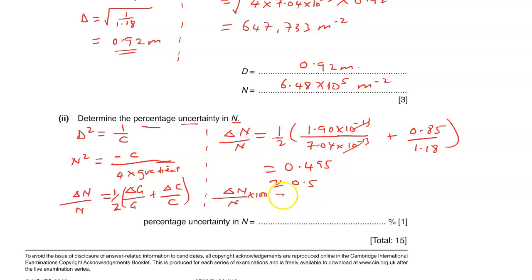So this is going to be 0.5 times 100, and this is going to give us 50%. I hope I'm right. 50% is the uncertainty in N.